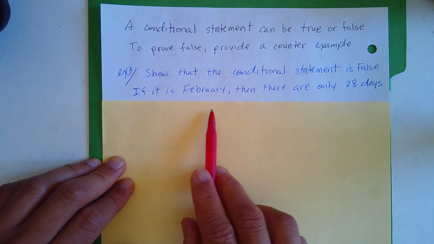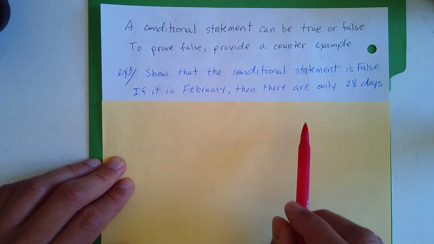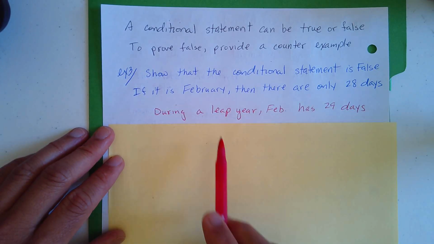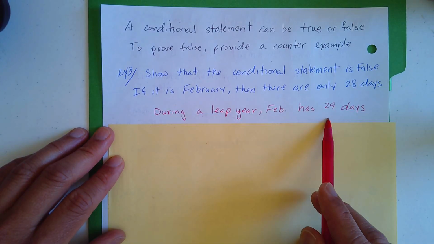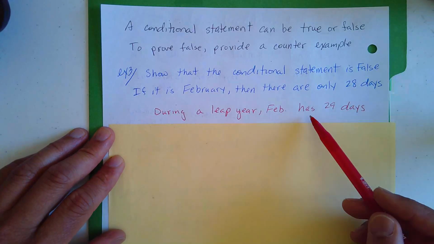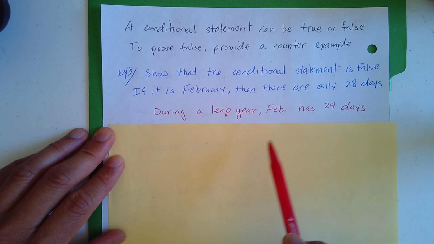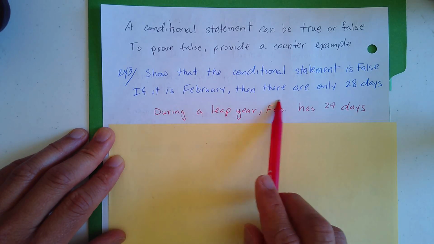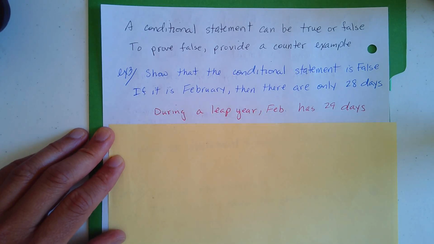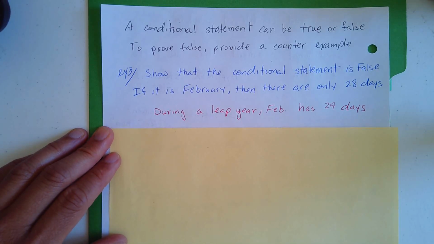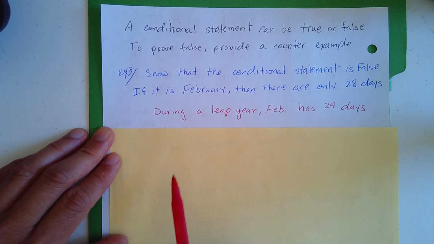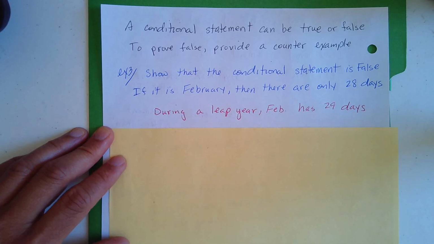So in this case, it's going to have a false truth value because during a leap year, February has 29 days. So we just found a counterexample for this conditional statement. So therefore, the truth value is false because we found a counterexample. In order for it to be true, the conditional statement has to be true for every situation.